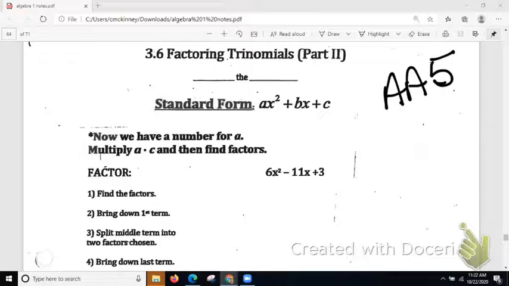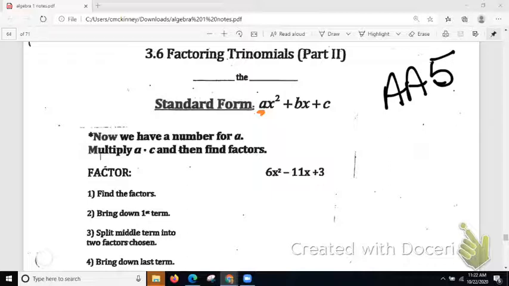So we've been factoring a lot of trinomials, but typically, if there was a number in the A position, a number before the x squared, we usually could get rid of it by doing a GCF, right?